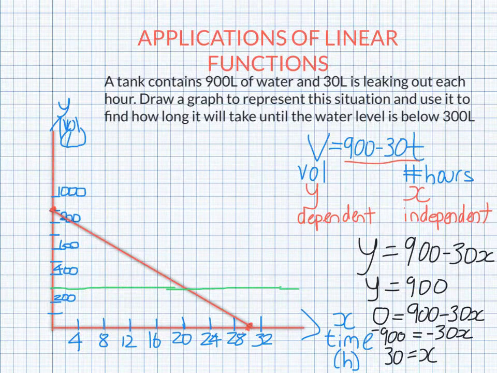You can see that 300 litres occurs here, and that occurs after 20 hours. And after 20 hours, you can see the volume here is clearly lower than this line. It's clearly lower than 300 litres. So the answer to how long will it take until the water level is below 300 litres? 20 hours. And we just got that from the graph.